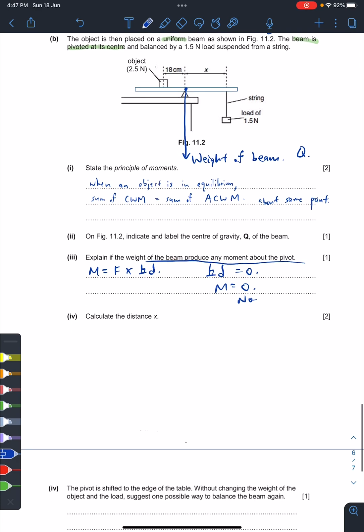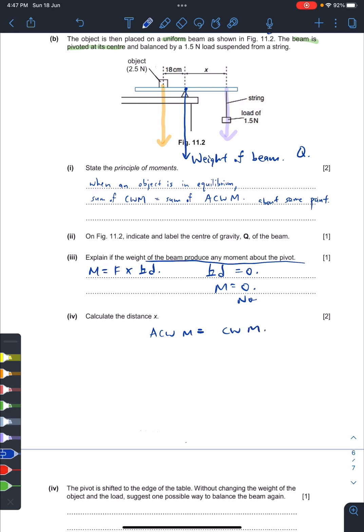Next one. So there are only two forces technically you see here. The one, your load, the one in purple. And the one in orange. The weight, it doesn't produce a moment. I'm ignoring it. So your anti-clockwise moment equal to clockwise moment.